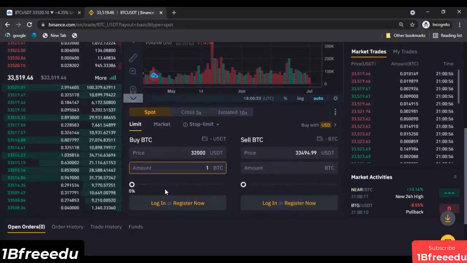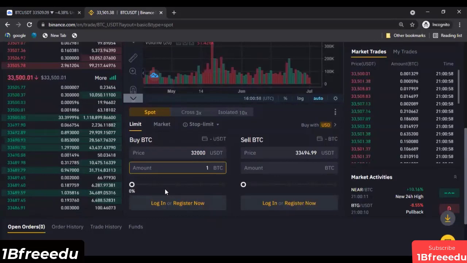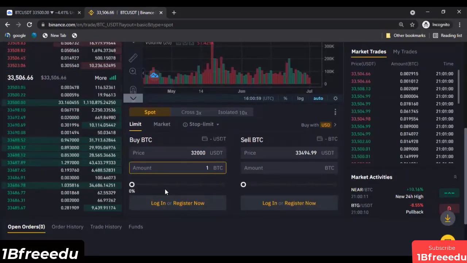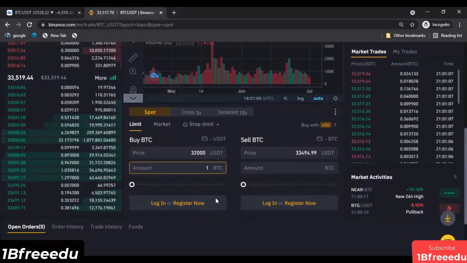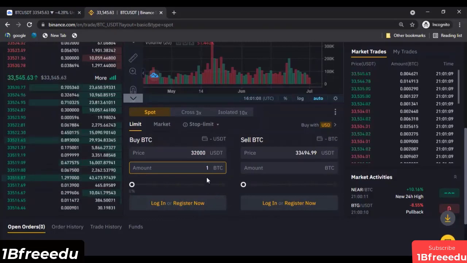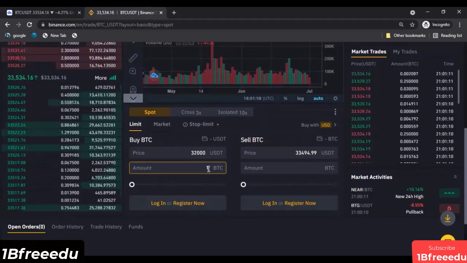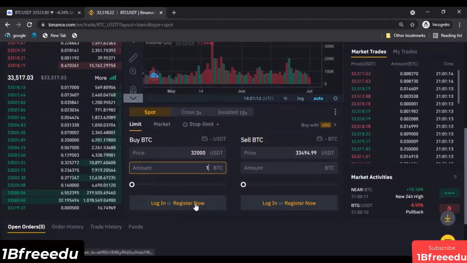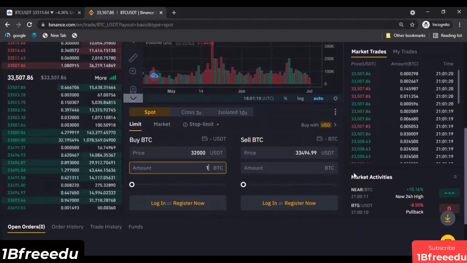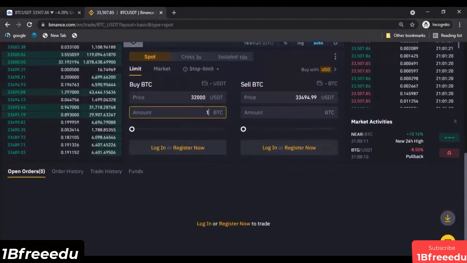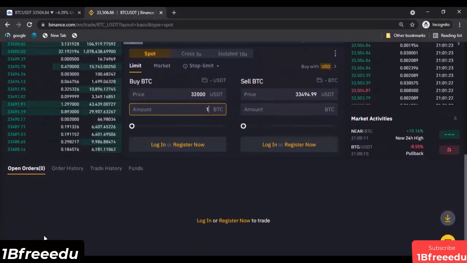But if you have 1000 USDT and you just want to buy 50 USDT worth of BTC, there's another window right here where you can write USDT, and it will automatically convert it into BTC. Once that is done, there will be another tab which will show you buy now. Once you click that, your order will be placed, and you can see that order right here under open orders.